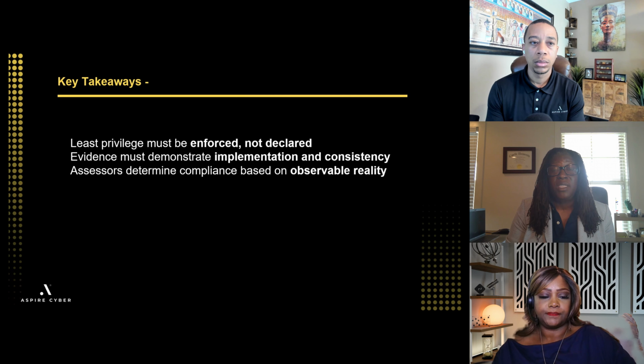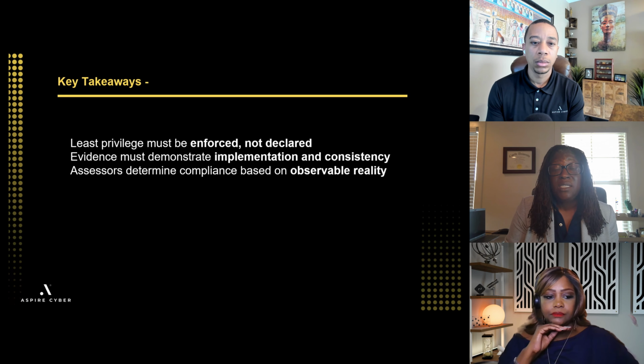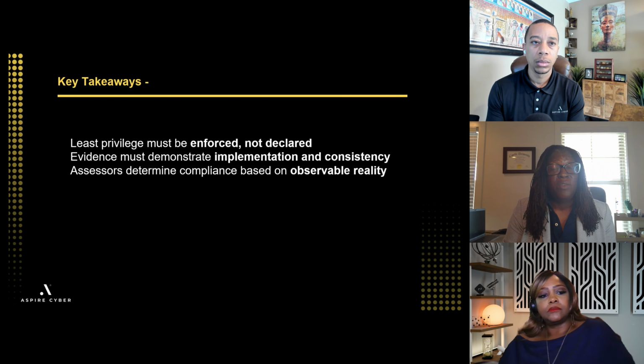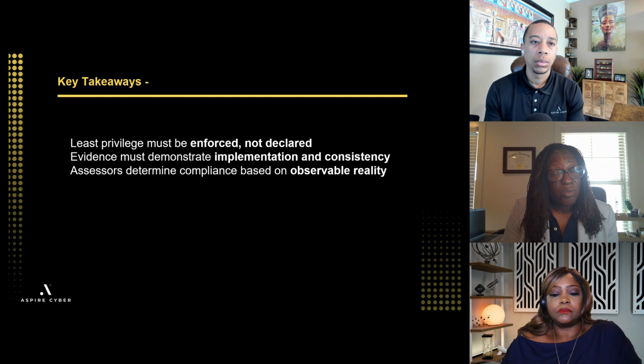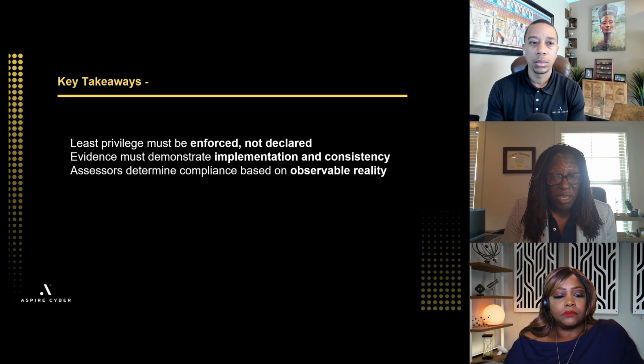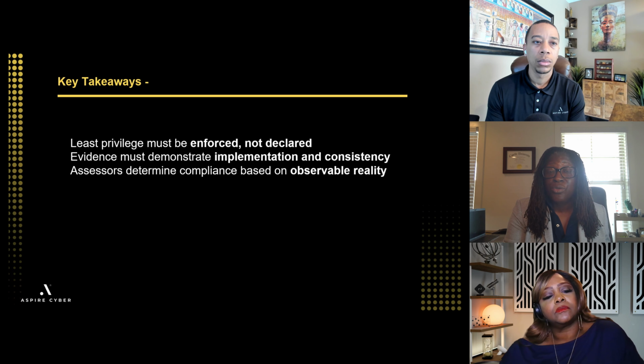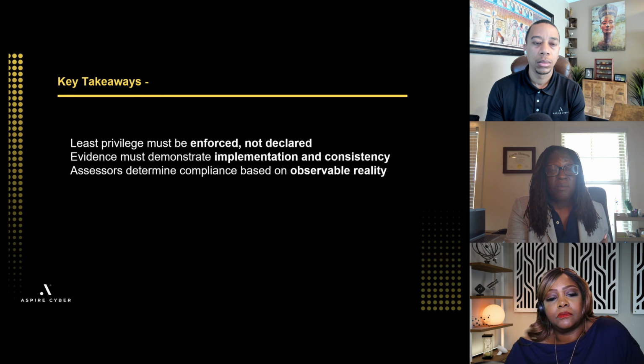So a couple of key takeaways here. Least privilege must be enforced, not declared. What does that mean? Show me, don't tell me. Also, the evidence must be adequate and sufficient. So what does that look like? It must demonstrate that this particular control not only has been implemented, but has consistently been implemented, updated, and monitored.